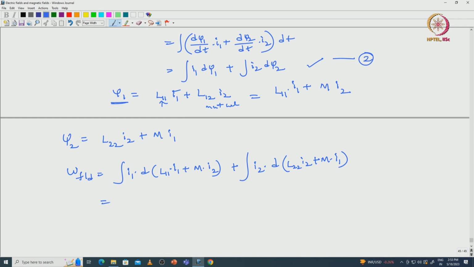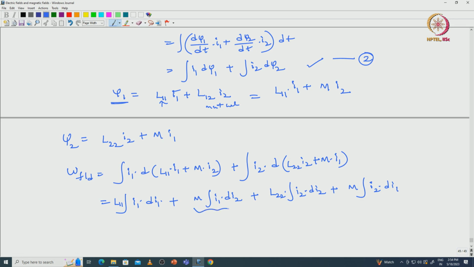So, from this equation we can conclude: L11 is a constant, so L11 integral of I1 dI1, plus M into the integral of I1 dI2, plus L22 integral of I2 dI2, plus mutual inductance integral of I2 dI1.